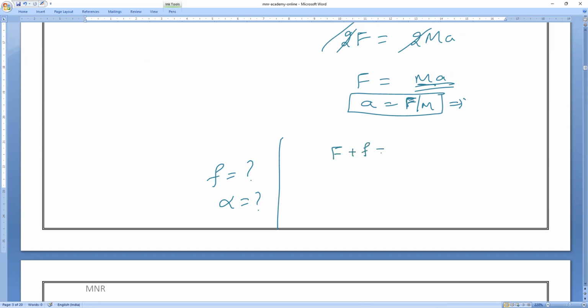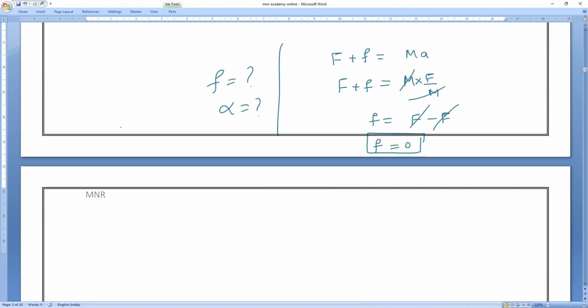F plus f is equal to M into A, where A is F by M. So M and M will get cancelled, which gives F plus f is equal to F. Now this F will come to this side as F minus F, so F and F will get cancelled. What is the frictional force in this case? The frictional force will become 0.